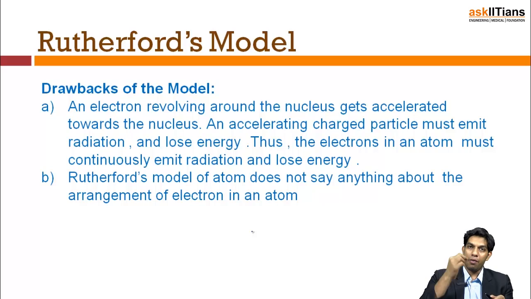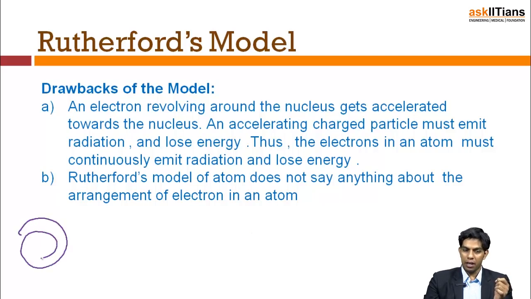So, if I have an electron moving about a nucleus, it's undergoing acceleration first. Second, it means it will be radiating out energy. Now, if that particle is radiating out energy, it means it's losing energy and it will simply spiral down to the nucleus. We know that that's not happening, so it means there's something more to it.